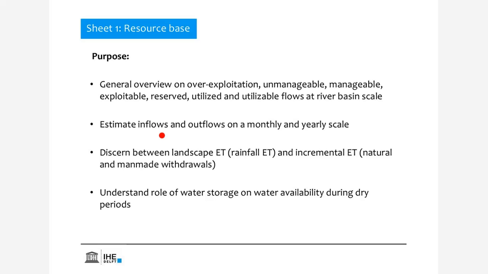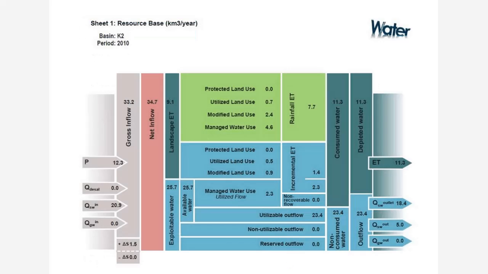But if we want to try to minimize our consumption, we can work on the blue, the withdrawals, and decrease the withdrawals or the consumption there. And it's also trying to quantify the storage change and how this can be essential during dry periods. This is how the sheet looks like.